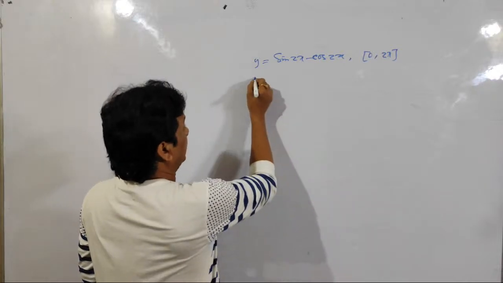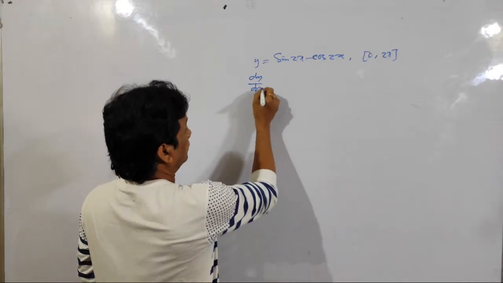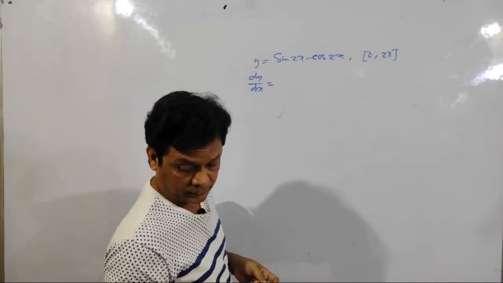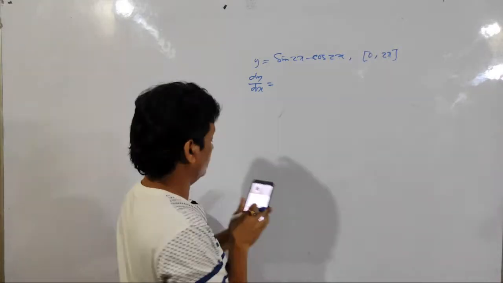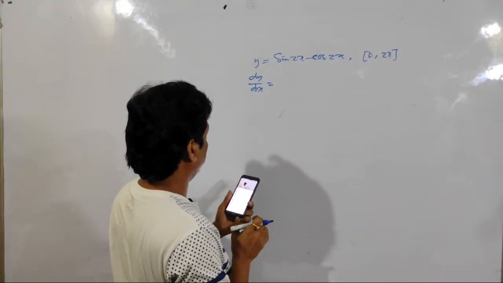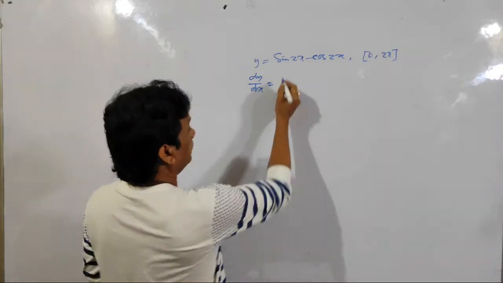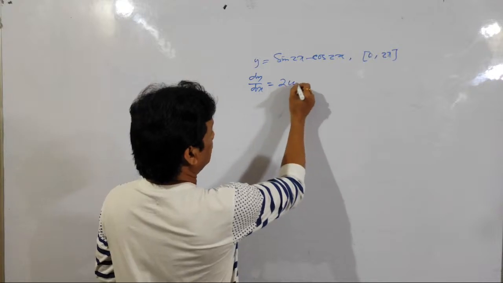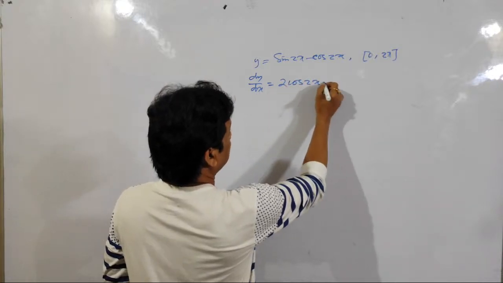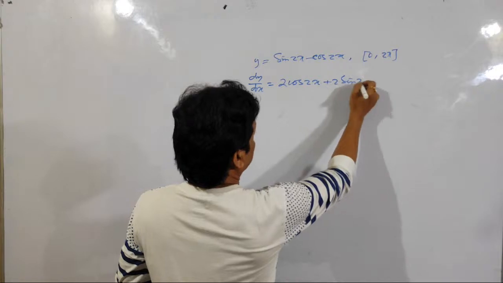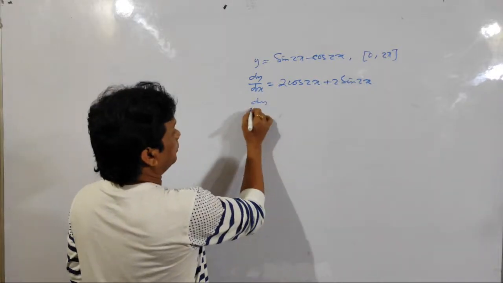Now what is dy by dx? What is the derivative? Now perhaps it is okay. So dy by dx equal to derivative of sin 2x is 2 cos 2x and it is plus 2 sin 2x. So dy by dx equal to 0.